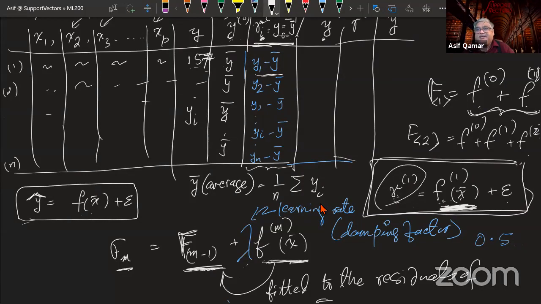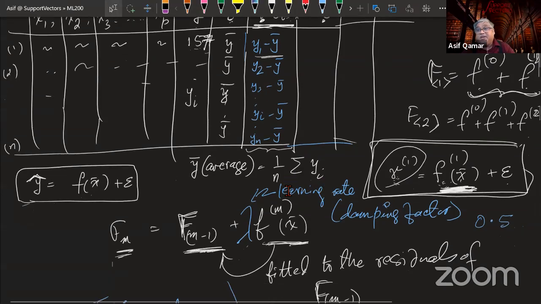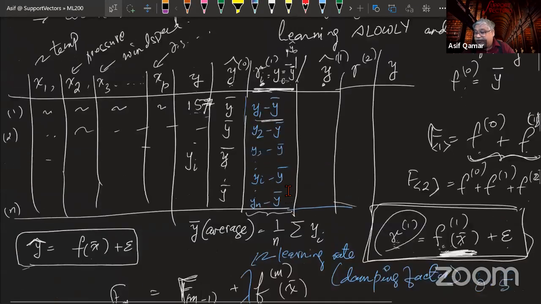Now you have F0 and F1. You put them together to get the overall bigger model, which is F0 plus F1 up to a damping factor. That model will now make predictions, and those predictions will have their own errors.